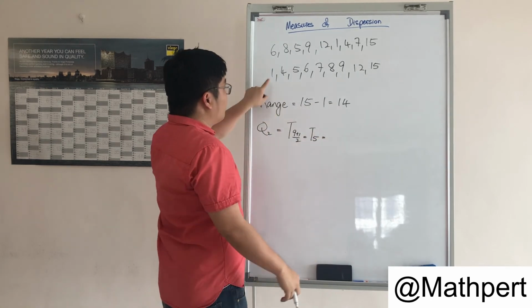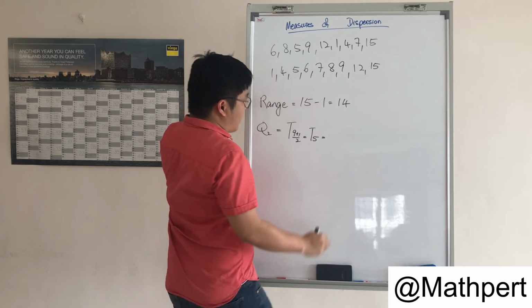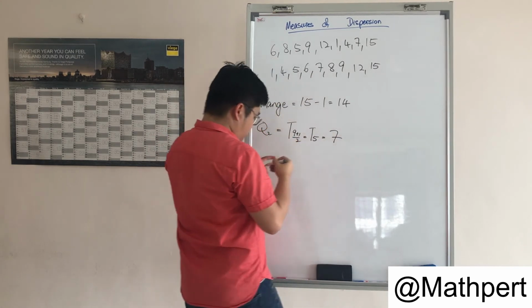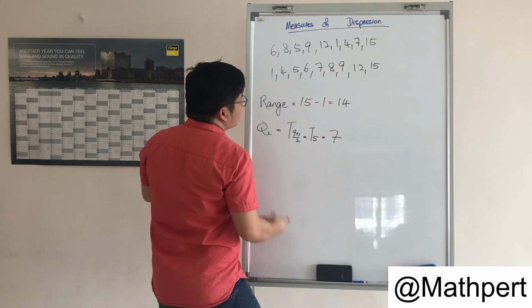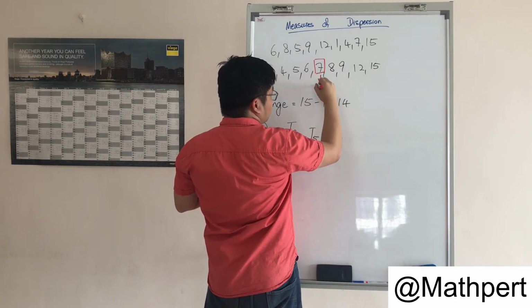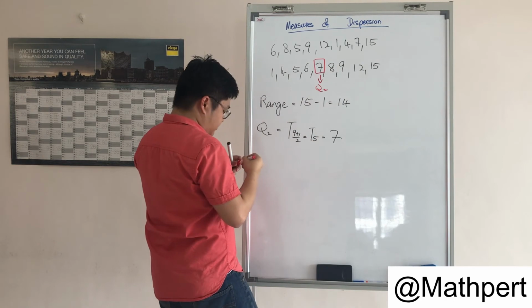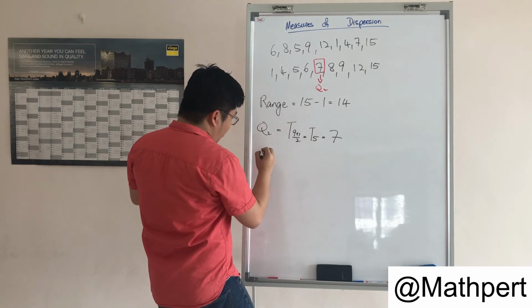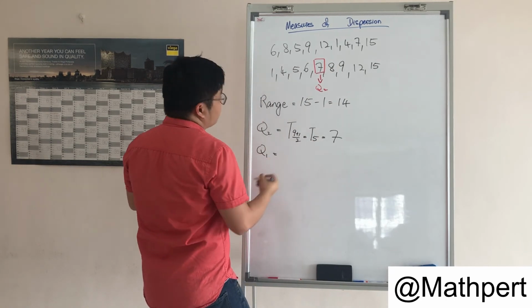The fifth term is 1, 2, 3, 4, 5, which is 7. This is Q2.